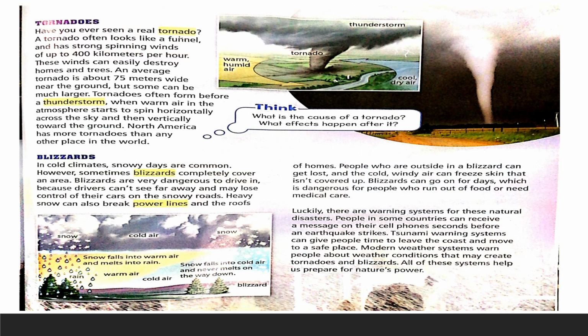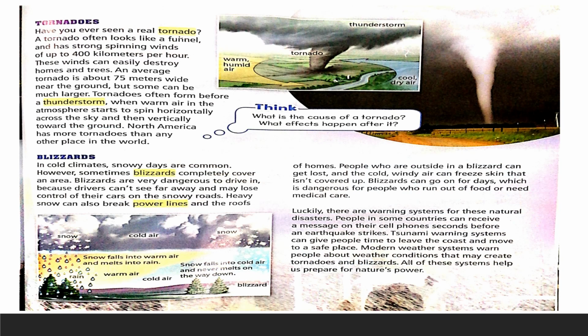Blizzards. In cold climates, snowy days are common. However, sometimes blizzards completely cover an area. Blizzards are very dangerous to drive in because drivers can't see far away and may lose control of their cars on the snowy roads. Heavy snow can also break power lines and the roofs of homes.